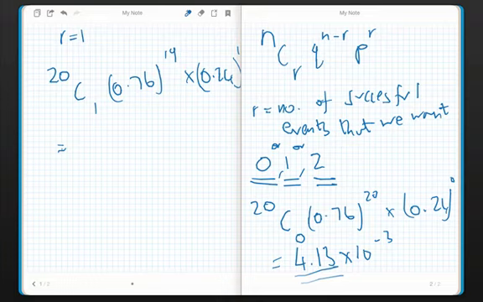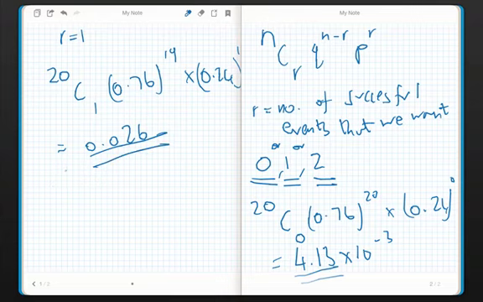And this is equal to 0.026. I'm doing this to three significant figures again. We would need this, so we're going to keep this.